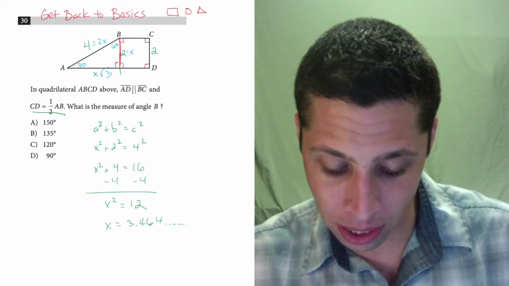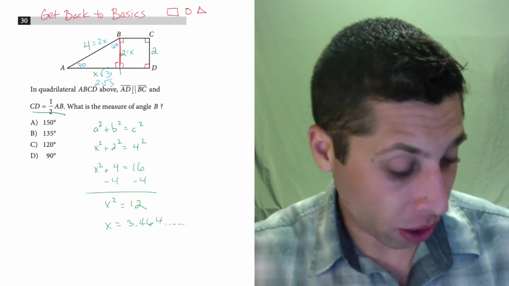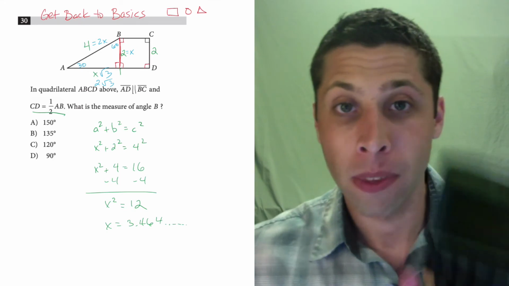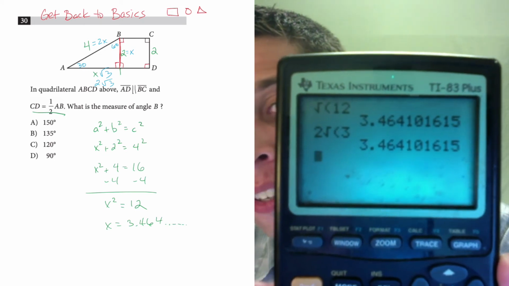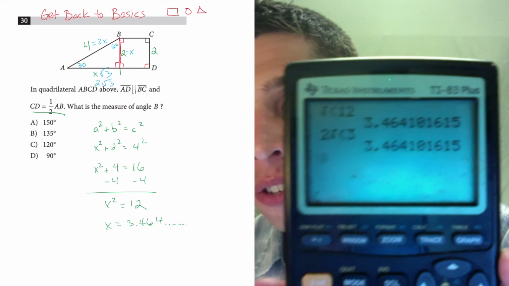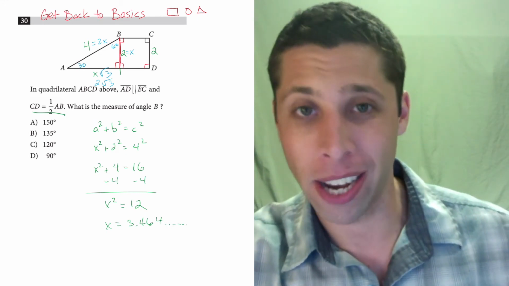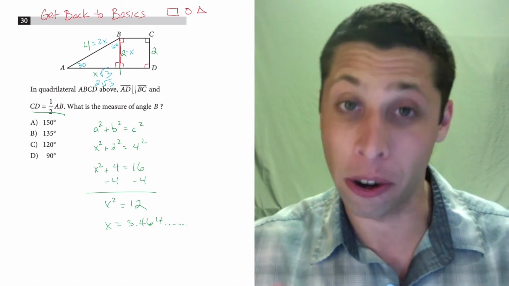X root 3 should be 2 root 3 according to this proportion. So 2 times the square root of 3 gives me the exact same number that I had before when I did the square root of 12, 3.464, same number. So that's proof that I've got it right. I know what the angles are for this part of the triangle.